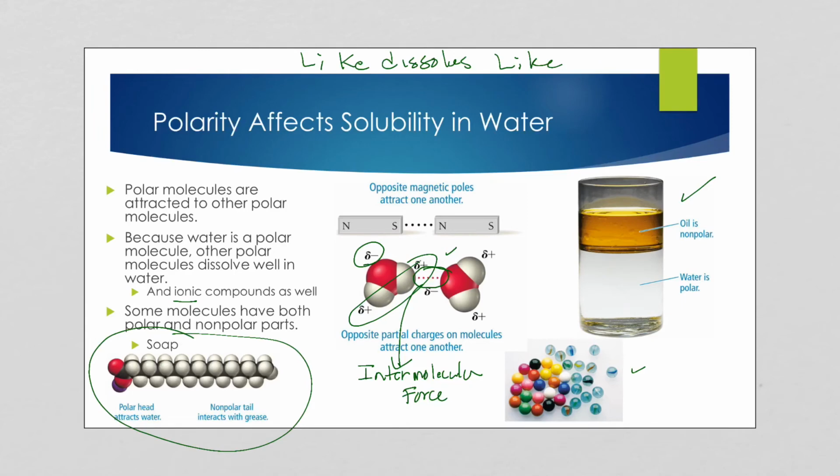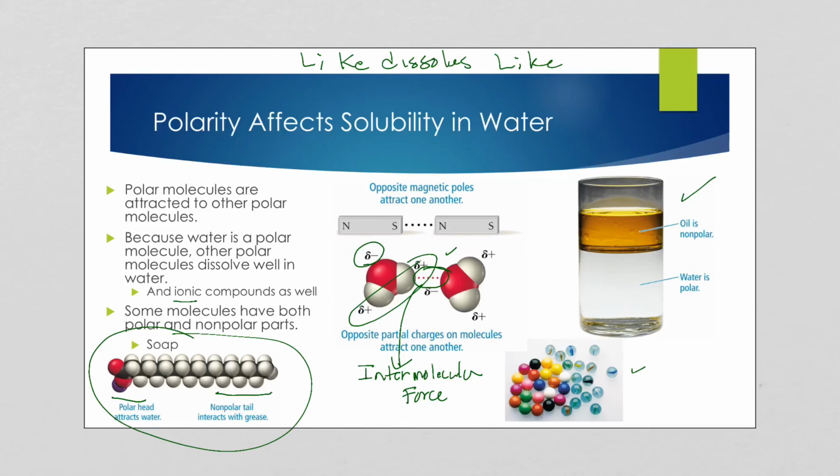Soaps are special types of molecules that have both polar sections, what we typically call a polar head, and non-polar sections, which we typically call a non-polar tail. And these act like bridges, where the polar head is attracted to the water, the non-polar tail is attracted to the oil, and the soap molecules hold the two things together.